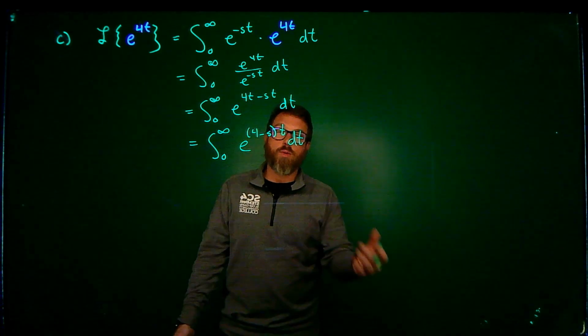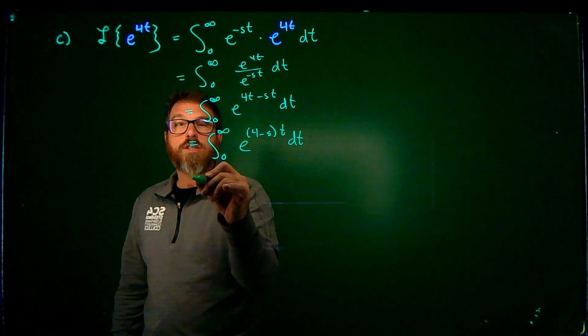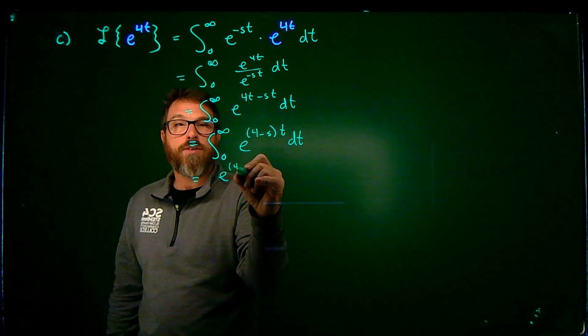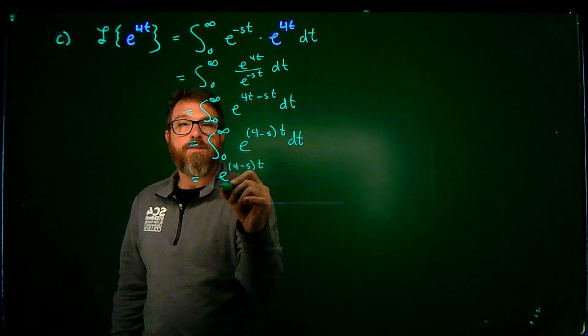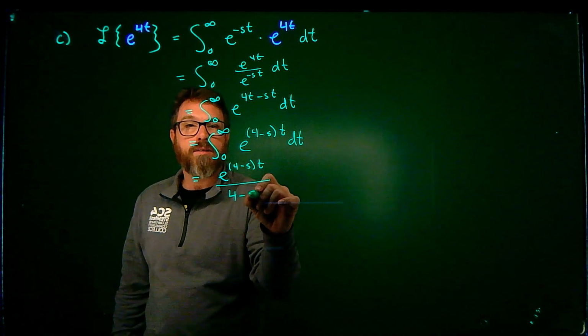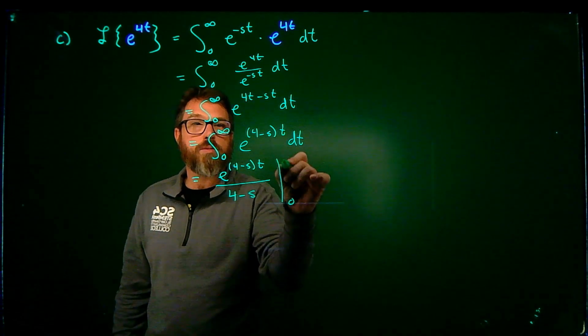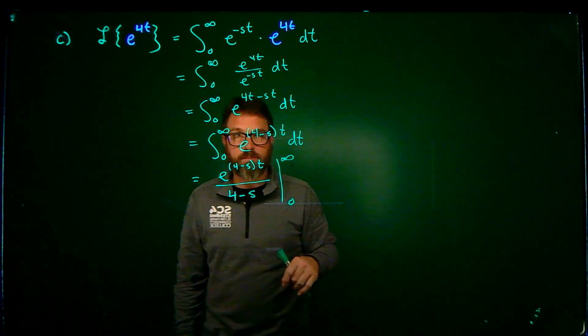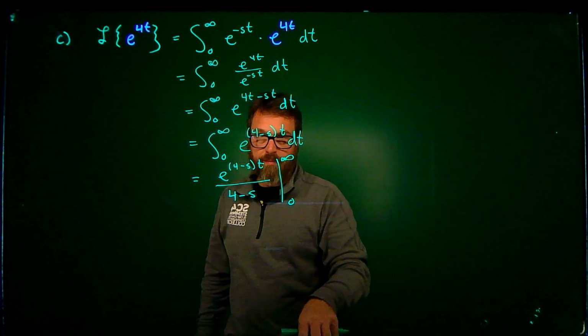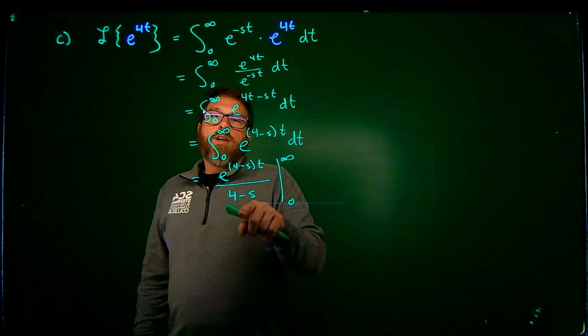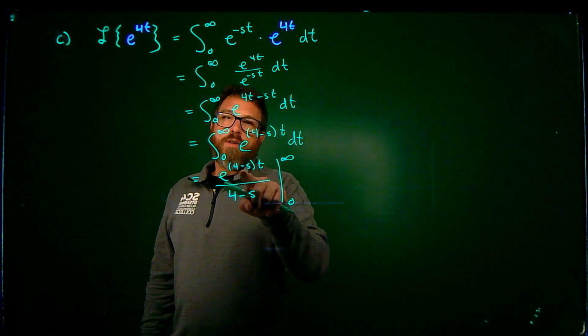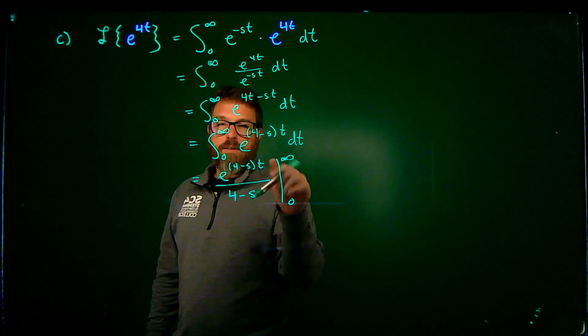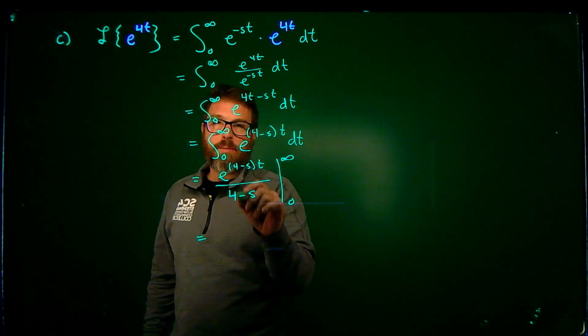So now when I integrate this exponential function, you know that it's going to be equal to itself divided by that constant. Now we're going to evaluate this from 0 to infinity. When I plug in infinity, it might be easier if I show this as a positive constant, so I'm going to factor out that negative.